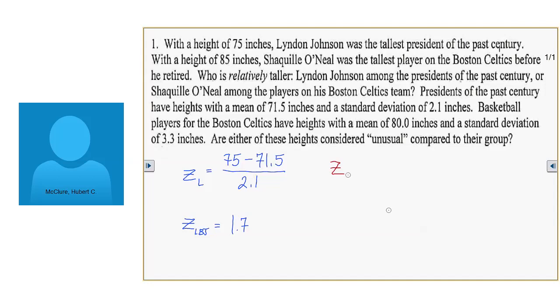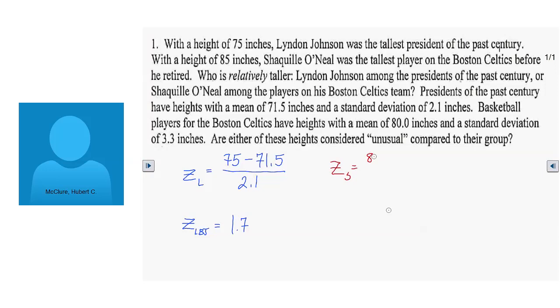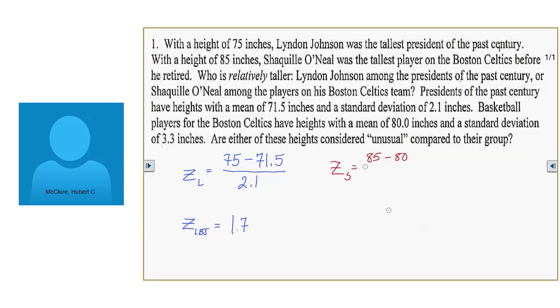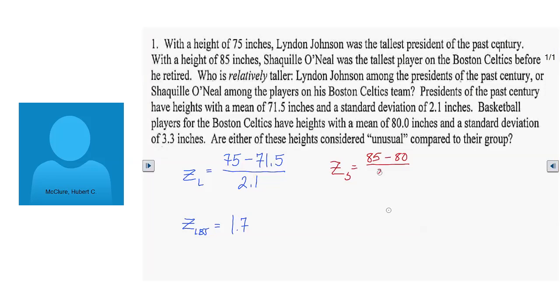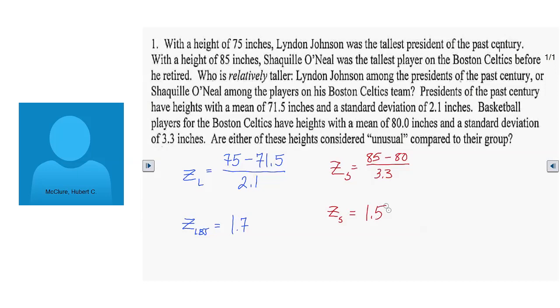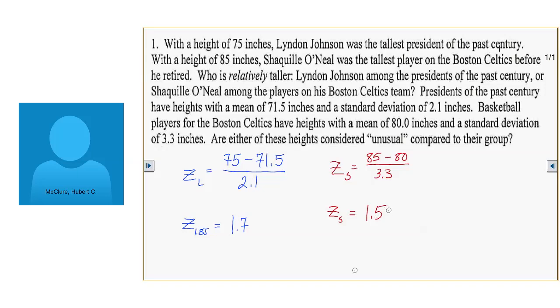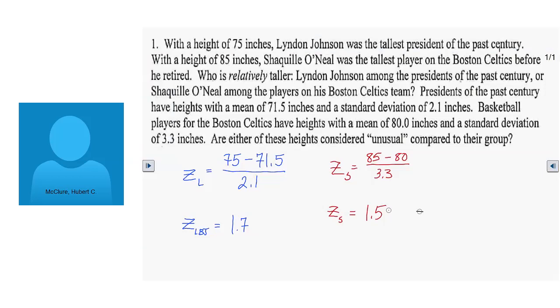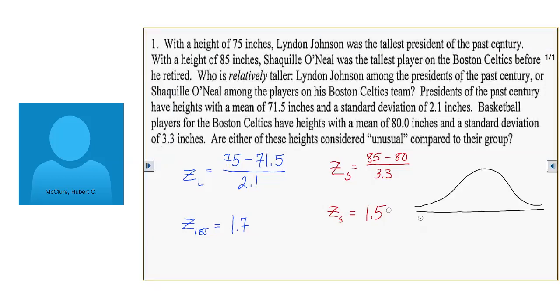Z sub S is equal to, he's 85 inches, and the mean is 80, over 3.3. So the Z-score for Shaq is equal to what? 1.5. So now we got to go to the normal curve. And on the Z-score, the mean is always 0, and the standard deviation is 1.